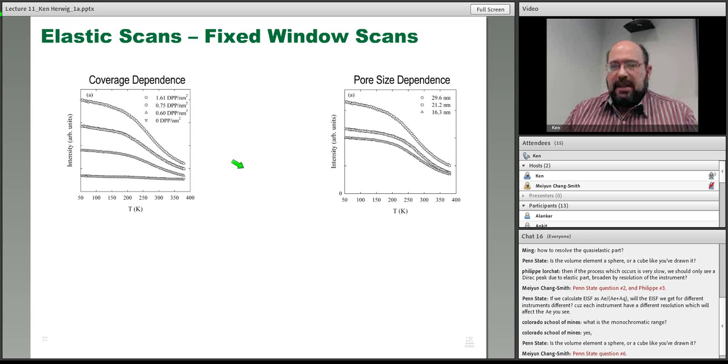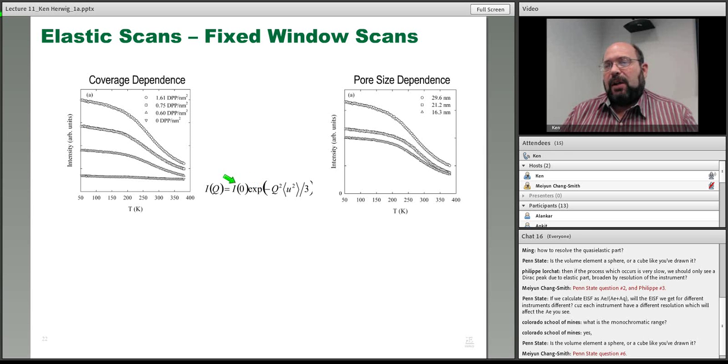You can take another step beyond just looking at the integrated intensity and figuring out where your dynamic transition is beginning to show up, by analyzing the intensity as a function of the Q that you're using. Now you can take a harmonic approximation and say that the intensity should fall off with simply the vibrational amplitude of the motion.